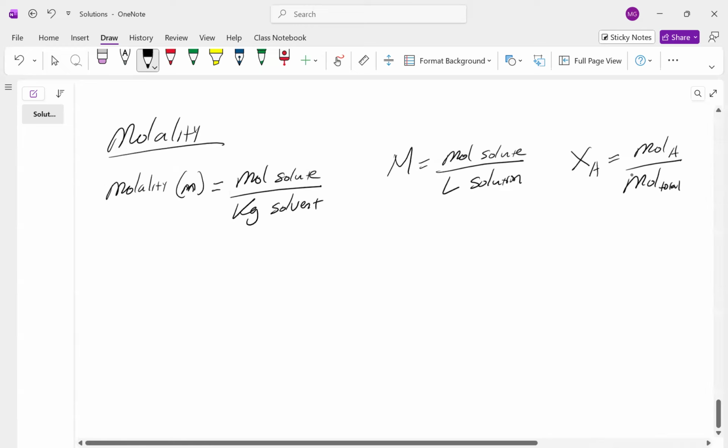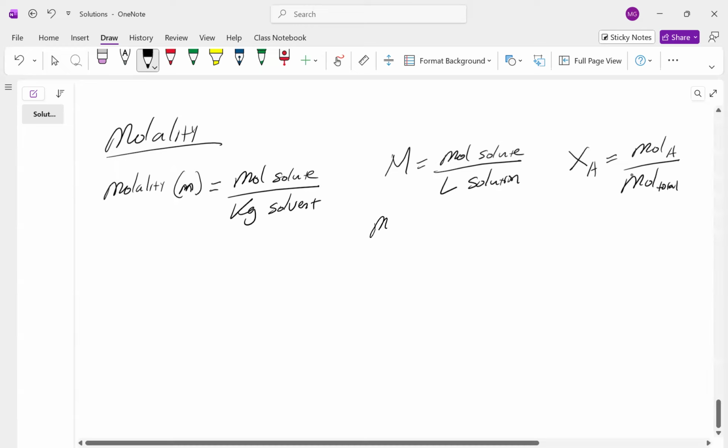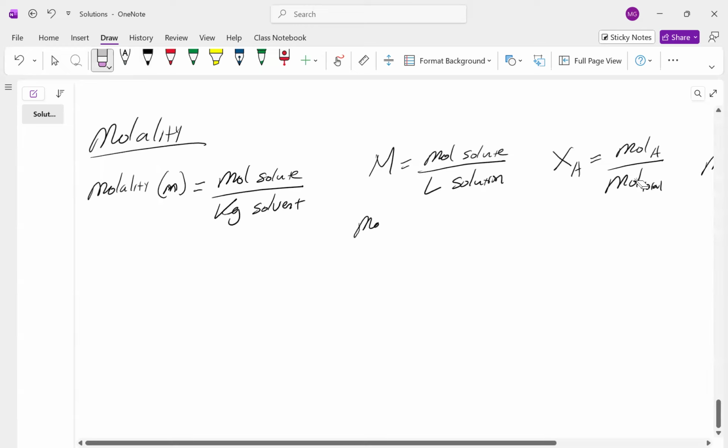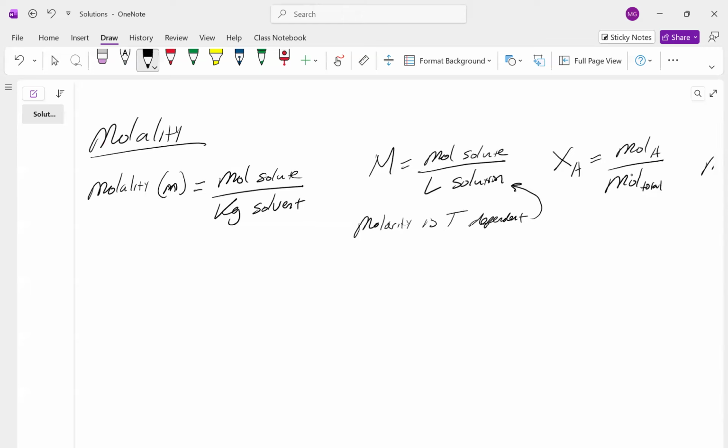Now, why do we have molality and molarity when they're both units of concentration, but it kind of seems redundant? The key thing here is that molarity is temperature dependent because we're dealing with a volume of a substance.